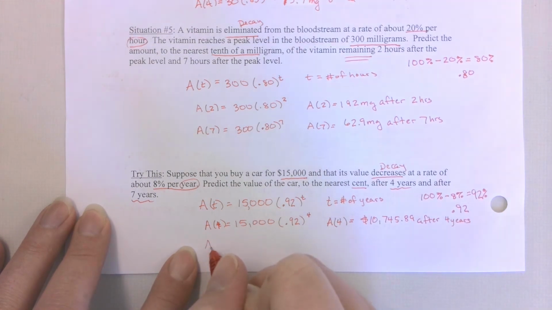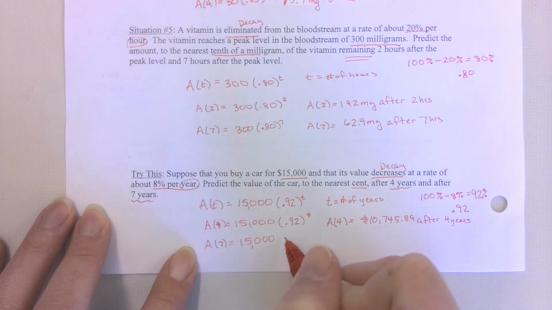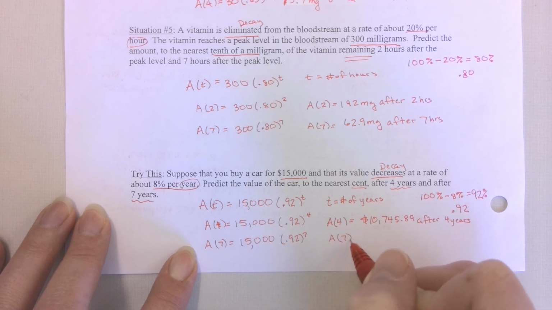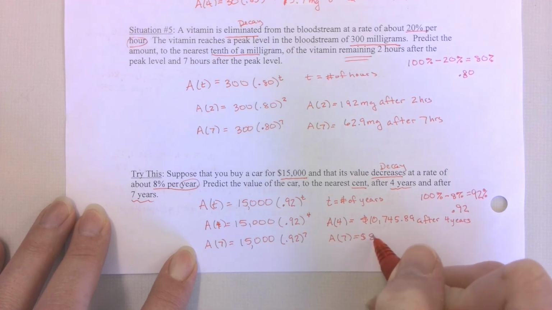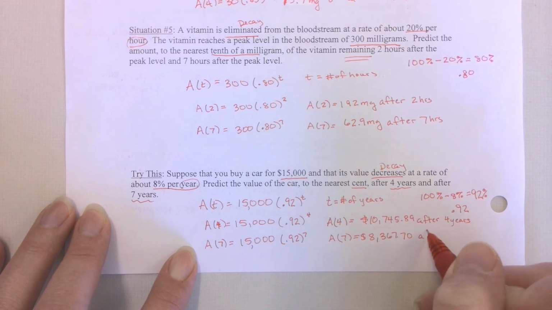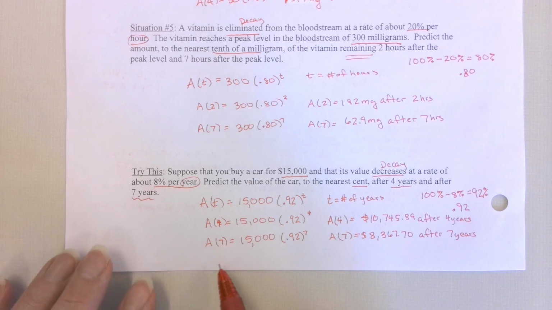All right, the amount over 7 years would be your initial $15,000 times 0.92 to the power of 7. And so the amount over 7 years is going to be $8,367.70 after 7 years.